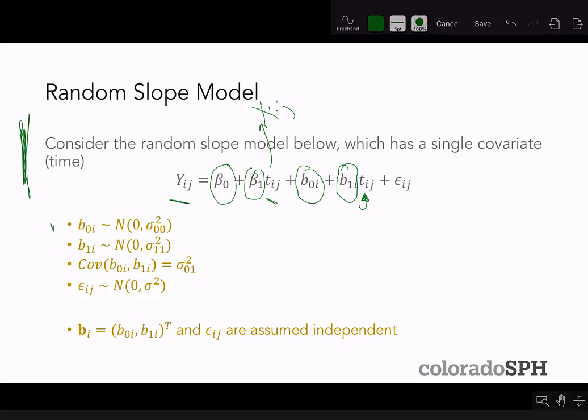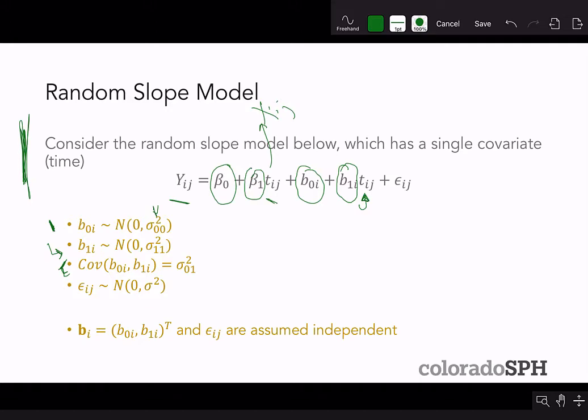Written out here are some of the model assumptions. We assume that the random intercepts have a normal distribution with mean 0 and some variance, which I'm going to call sigma squared 0,0. We also assume that the random slope has a normal distribution with mean 0 and its own variance, which is different from the variance of the intercept. And then we assume a covariance between the random slope and the random intercept.